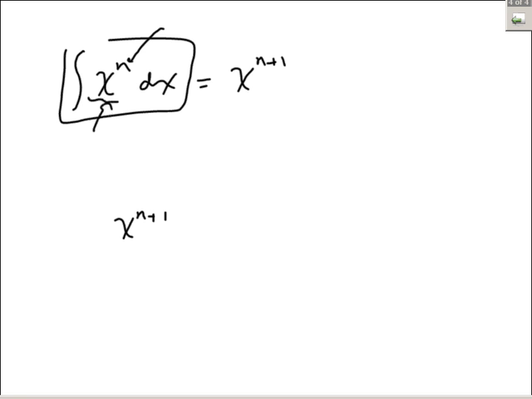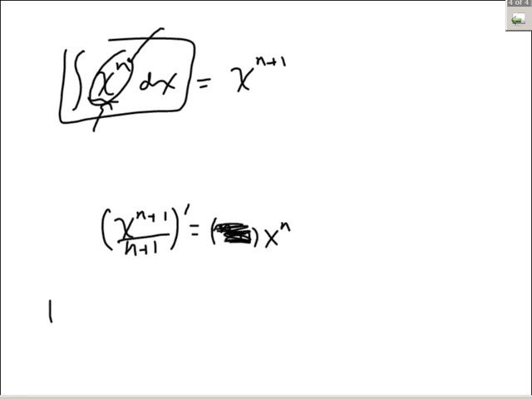If you have x to the n plus 1 and you take the derivative, you'll get n plus 1 times x to the n. But we don't want that. We just want x to the n. Well, if I divide the right side by n plus 1, that's why this is no longer here, I must divide the other side by n plus 1.